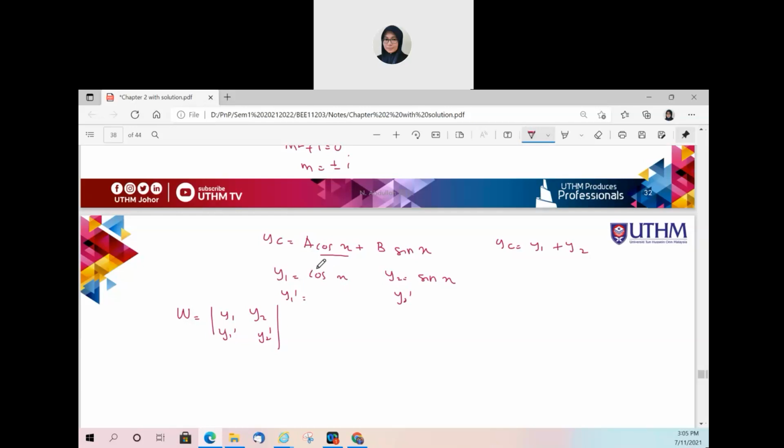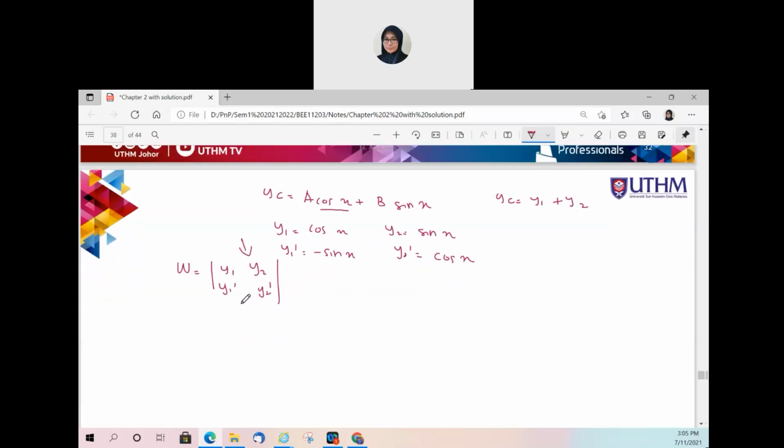You differentiate cos x, you will get negative sin x. And y2 prime, you differentiate sin x, you will get cos x. Then you put this y1, y1 prime, y2, y2 prime inside this matrix. Then you get W equals cos x, minus sin x, sin x, cos x.